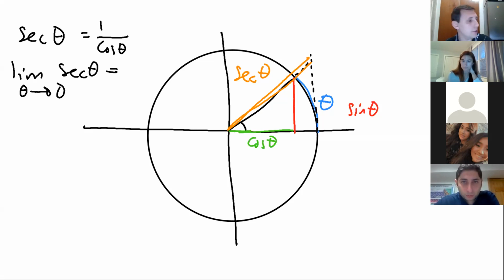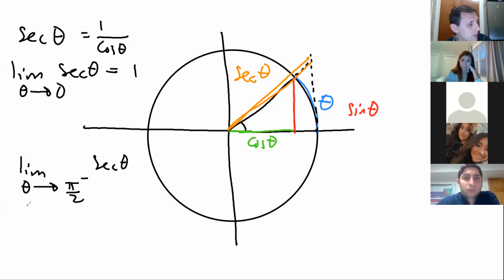Exactly, you get 1. You see that this orange line merges. It will follow this dot and merge to the location 1, right? So it's 1. Now tell me, more interestingly, what's the limit as theta goes to pi over 2 from the negative side of secant theta? That's what?